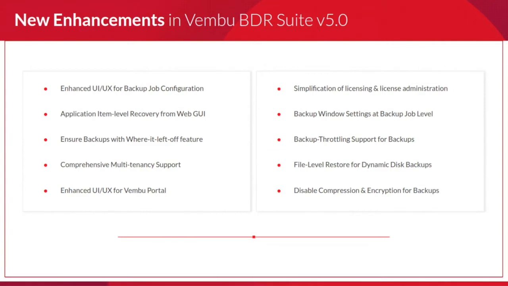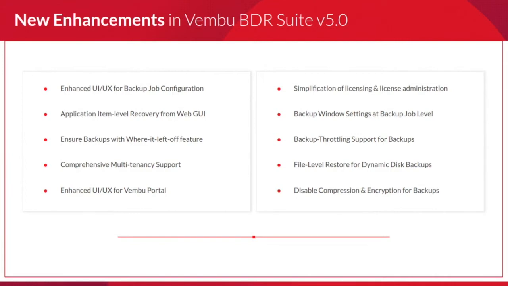Next, we introduce the backup window setting at backup job level. Previously, the backup window setting was applicable only at the global level, so you could specify it only at the backup server level. If you don't want to run backups from 9 to 5, no backups will run during that particular time.